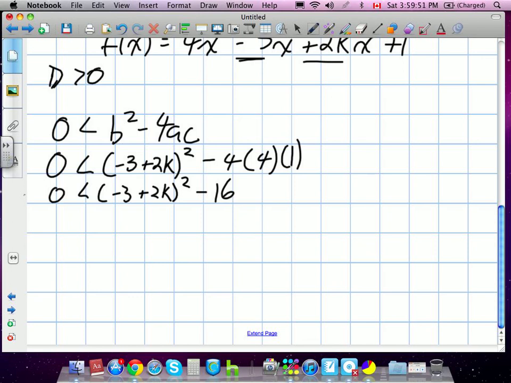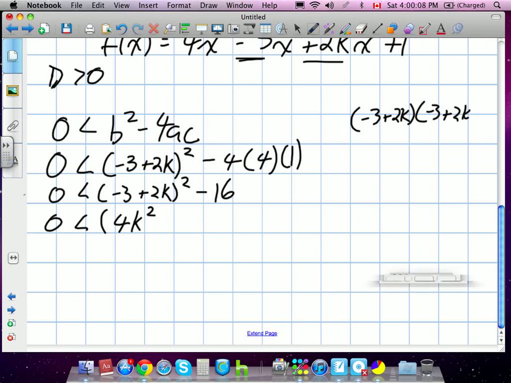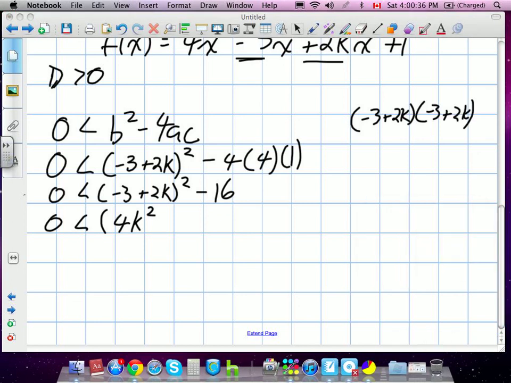Okay. I'm going to need to FOIL this to bring it all out. 0 is less than, when we go to FOIL this, we're going to get 4k squared. I'm going to quickly do it on the side here. Negative 3 plus 2k, negative 3 plus 2k.